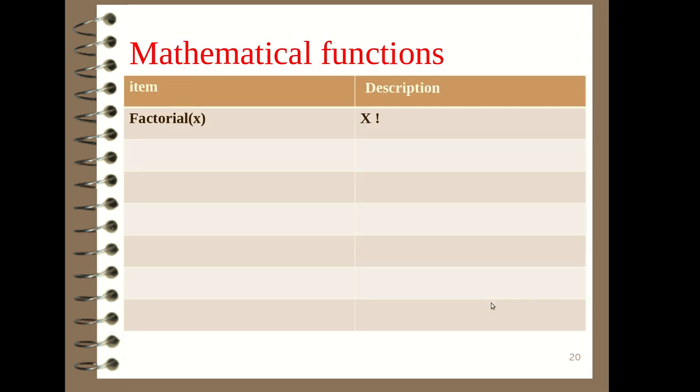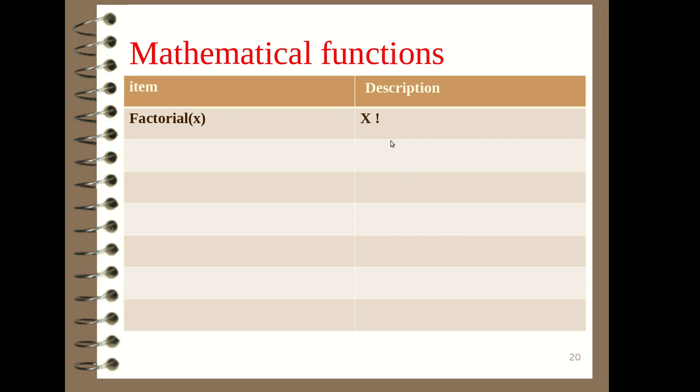Now there is the mathematical function factorial. You may remember from calculus that the factorial of 3 is 1 multiplied by 2 multiplied by 3, and the factorial of 5 is 1 multiplied by 2 multiplied by 3 multiplied by 4 multiplied by 5.